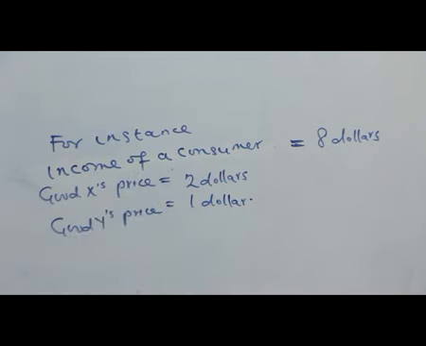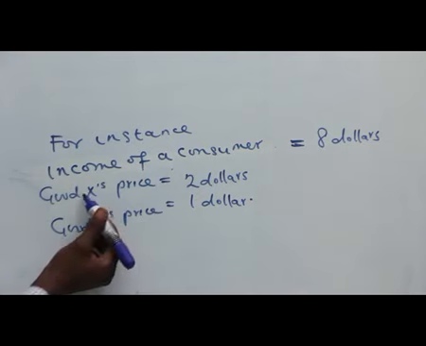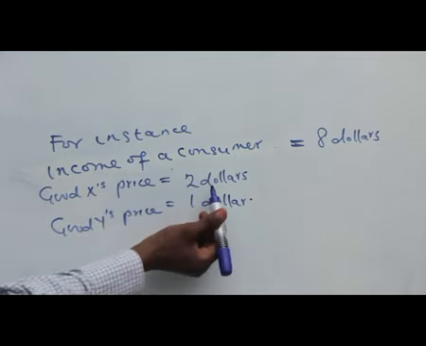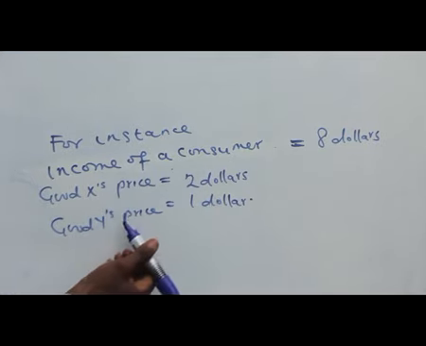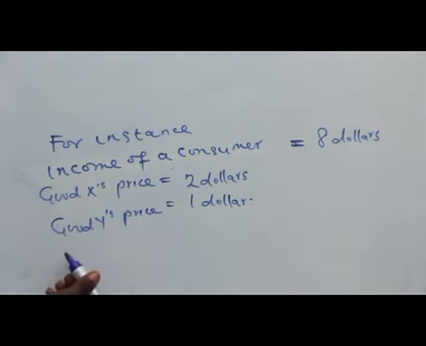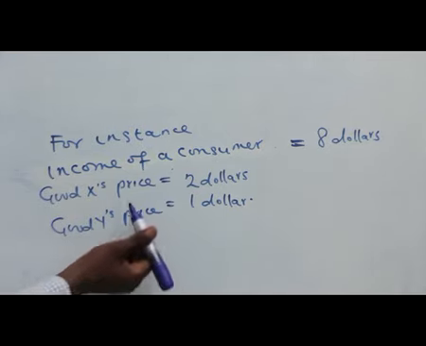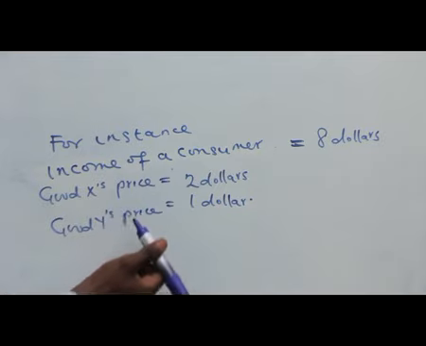The question now is, how many units of goods will a consumer buy if the price of good X is $2, without buying commodity Y? Or if the consumer decides to buy commodity Y only, without buying commodity X, how many units of commodity Y will he buy?